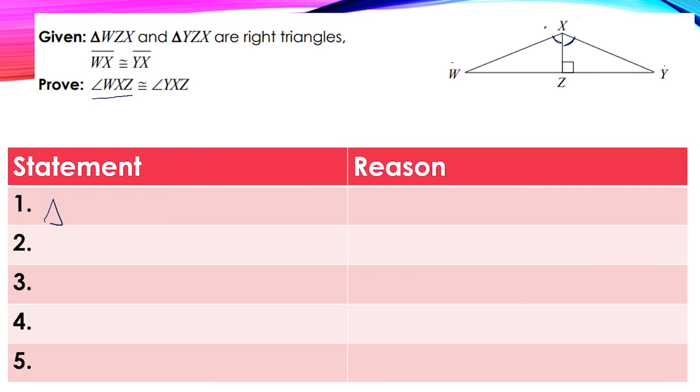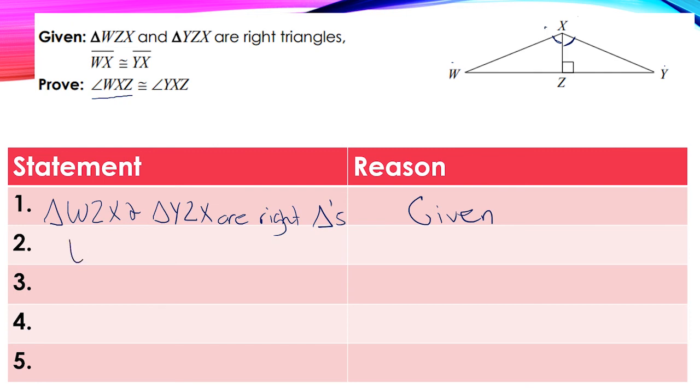Triangle WZX and triangle YZX are right triangles. So that tells us something, that they are right triangles. That is given.